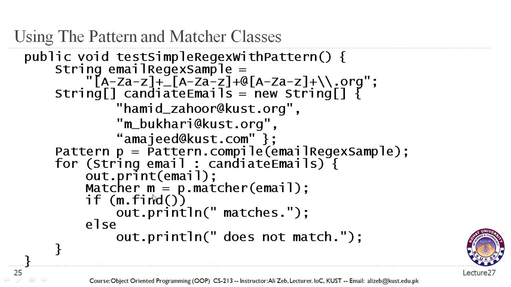The object of the Matcher class will then run the find method and look for all of the matching patterns, and the matching emails will be printed, and those that do not match will not be printed.